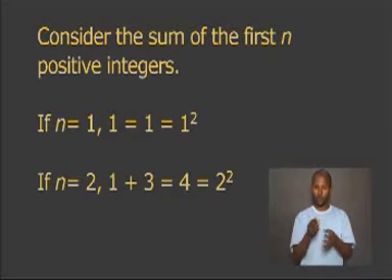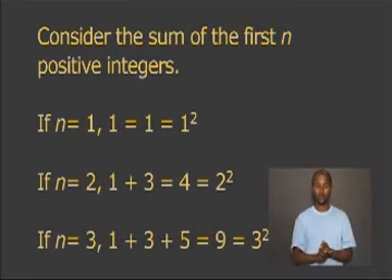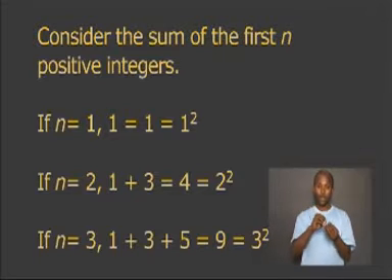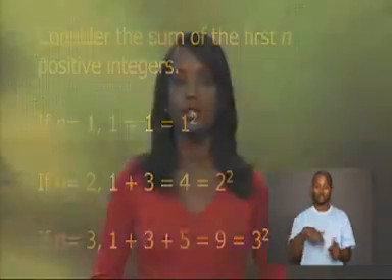If n equals 2, then 1 plus 3 equals 4, or 2 squared. If n equals 3, then 1 plus 3 plus 5 equals 9, or 3 squared.